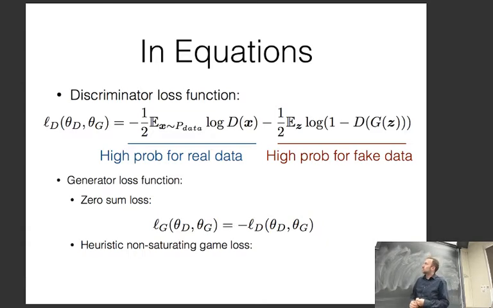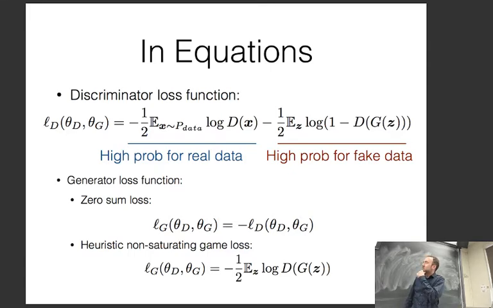The second one is the heuristic non-saturating game loss, which is the name in the reading material. This was a rather grandiose name, but basically what they do is they switch the... let's see.